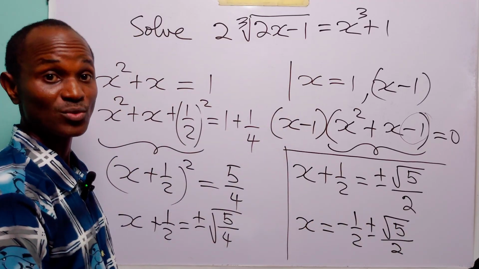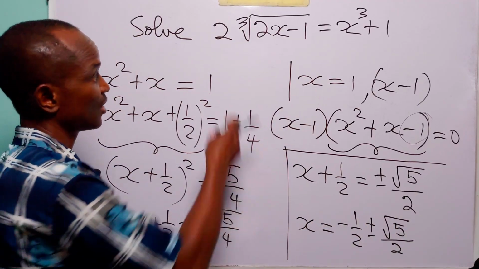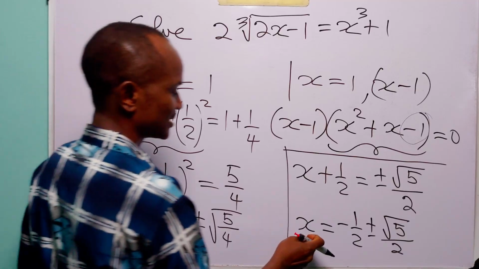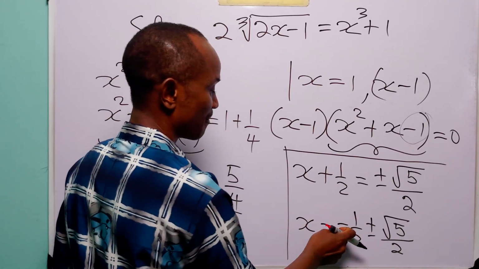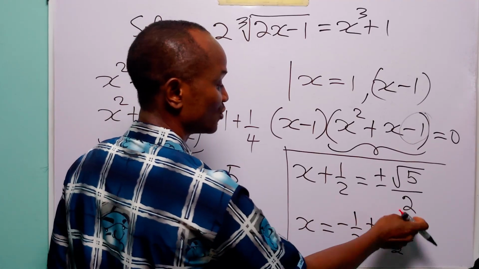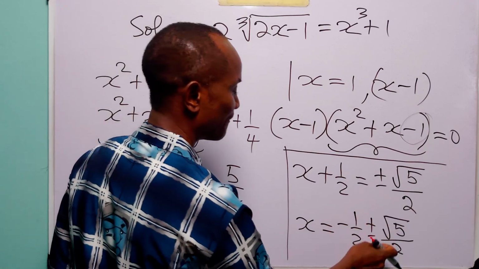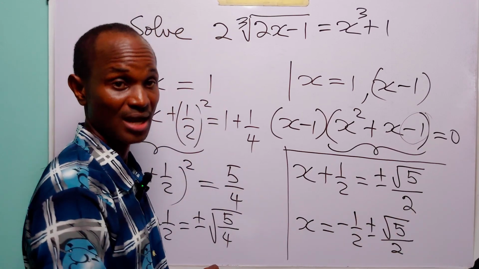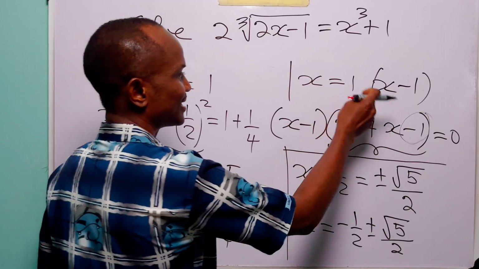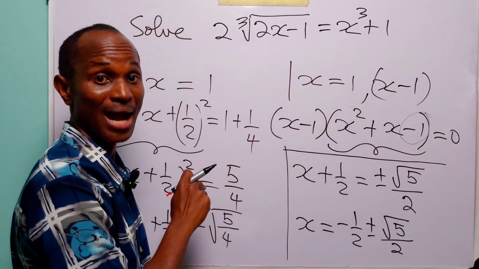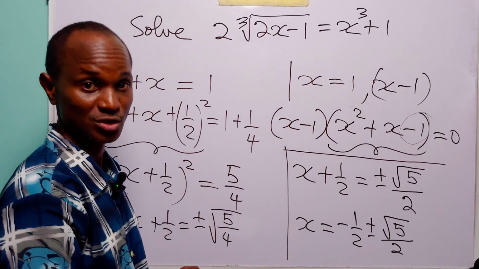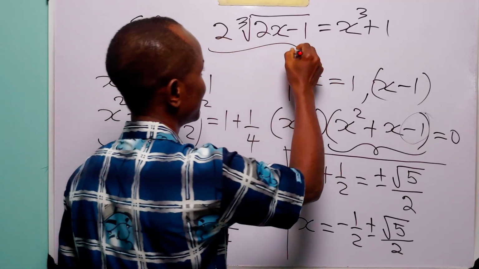So now you can see that we have two more values of x which satisfy the equation. That is x equal to minus half plus root 5 over 2 and x equal to minus half minus root 5 over 2. So added to x equal to 1, we have all the three values of x that satisfy this equation.